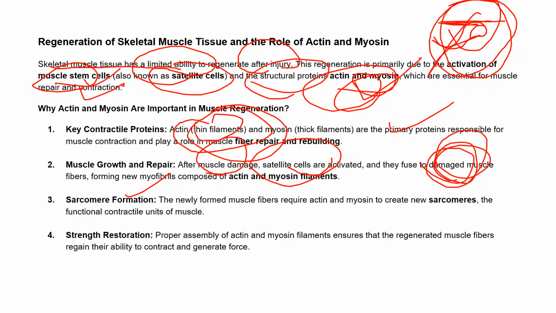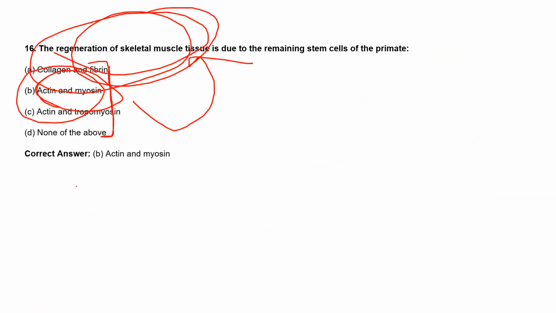Third, the sarcomere formation is also due to actin and myosin. Fourth function is strength restoration. When there is proper alignment of the actin and myosin filaments, it will ensure that the regenerated muscle fibers regain their ability to contract and generate force. So that's why the right answer is actin and myosin.